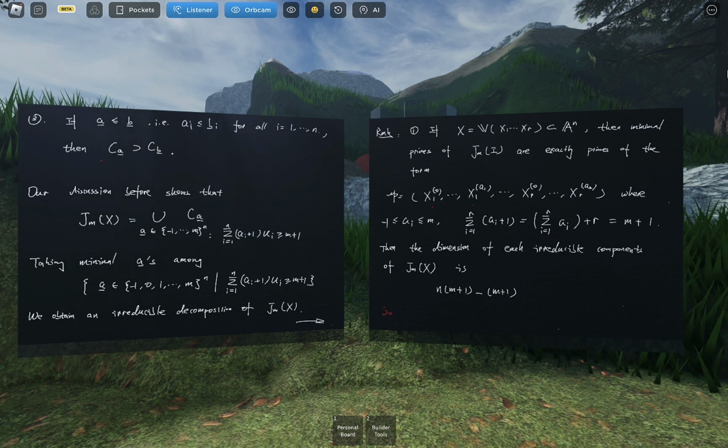So in this case, the m-jets is equidimensional, which means that each irreducible component has the same dimension.